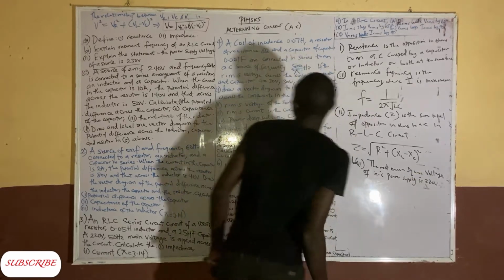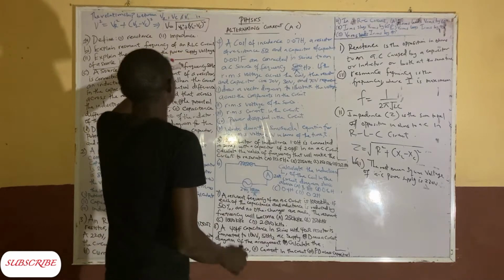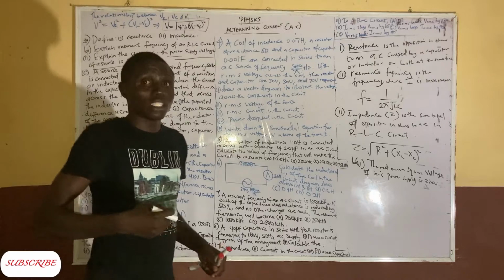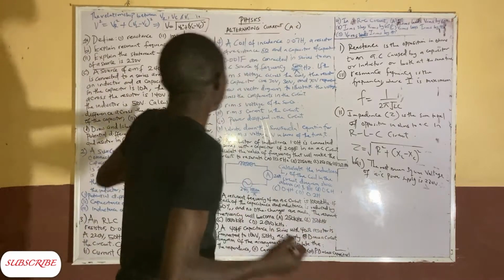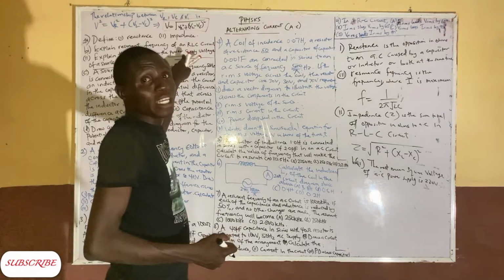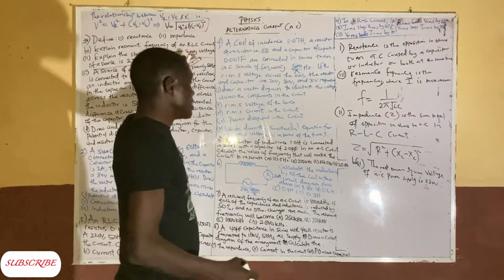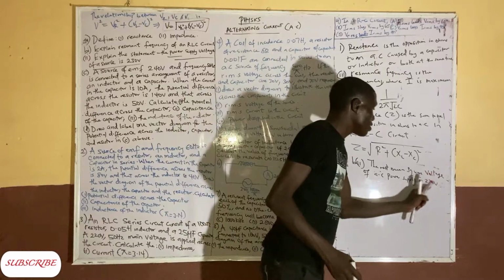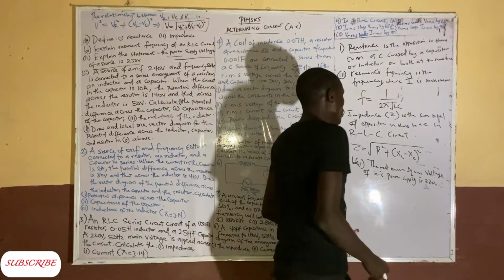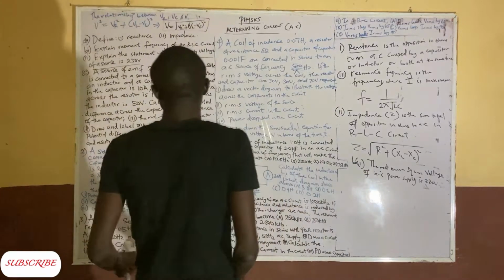We said that an AC current possesses higher voltage, which helps to supply current over long distances. So the root mean square voltage of the AC power supply is 230 volts. So that's how to interpret it.